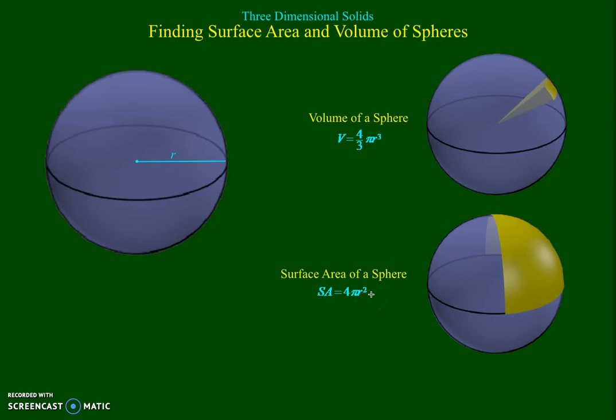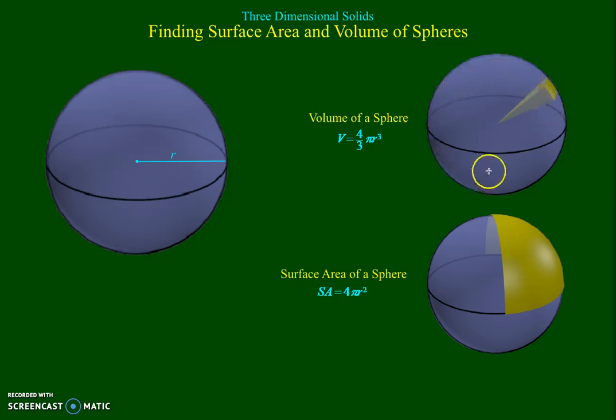Now let's take a look at volume of a sphere. Now the volume is the space inside the sphere, whereas surface area was just the area of the outer surface of the sphere. The volume encompasses all the points within the sphere. One way to think of the volume of a sphere is to consider a whole bunch of pyramidal-shaped chunks taken out of the sphere.